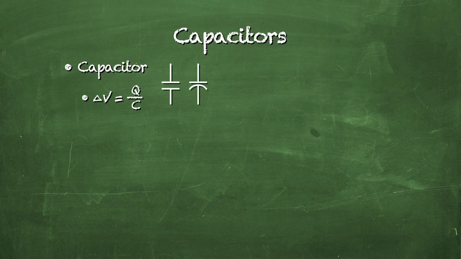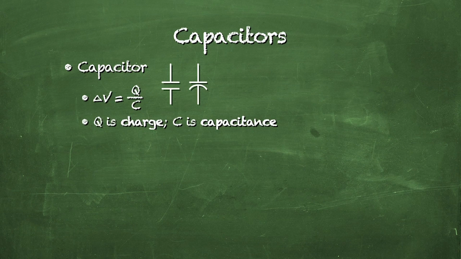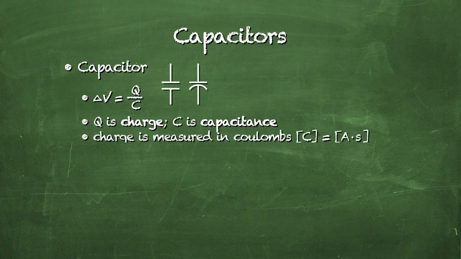The change in voltage across a capacitor is equal to the charge on the capacitor, Q, divided by the capacitance. So delta V across a capacitor is equal to Q divided by C, where Q is the charge on the capacitor and C is the capacitance. Charge is measured in coulombs.